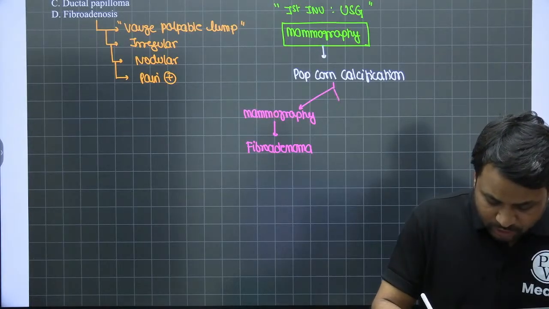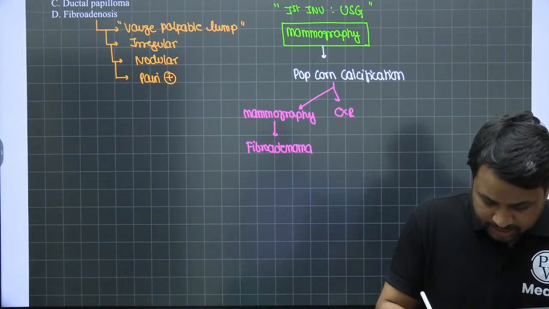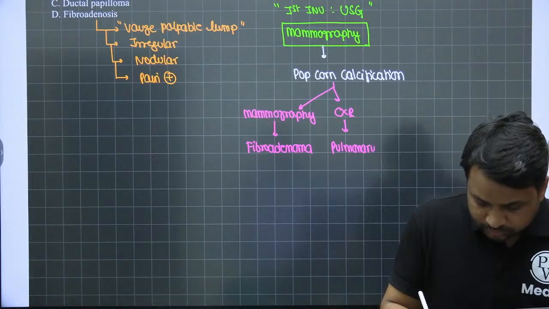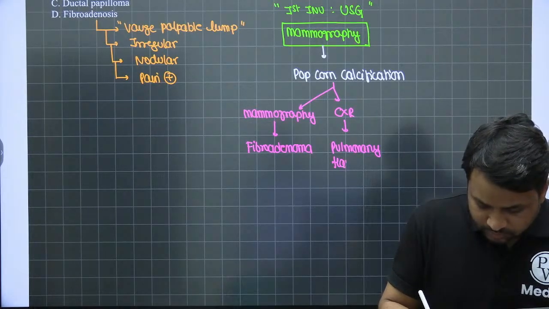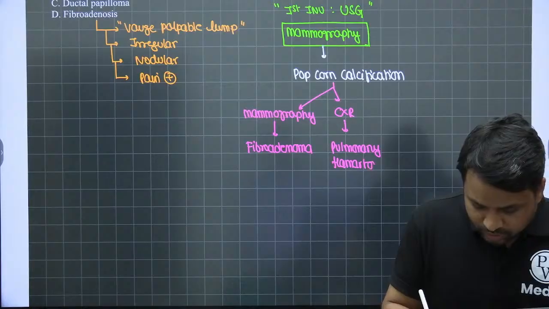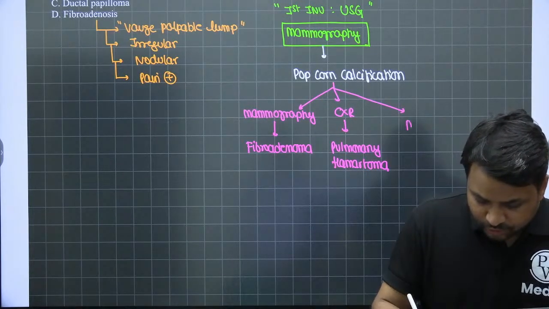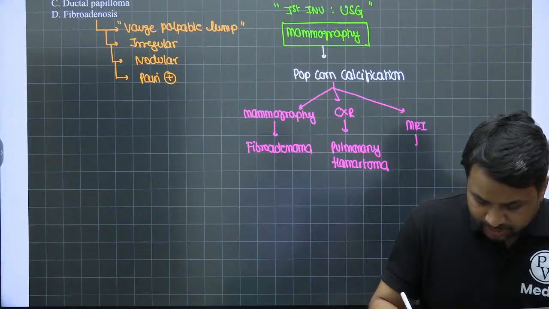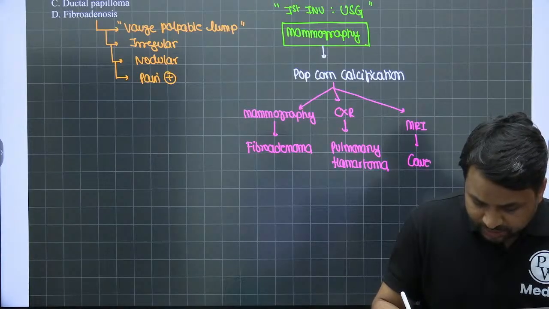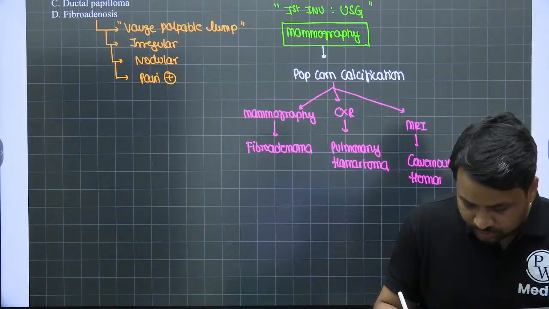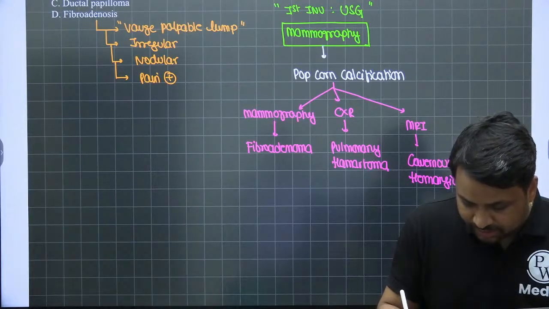If it is present on a chest x-ray, then it is going to be your pulmonary hamartoma. If it is on the MRI head, it is going to be cavernous hemangioma.